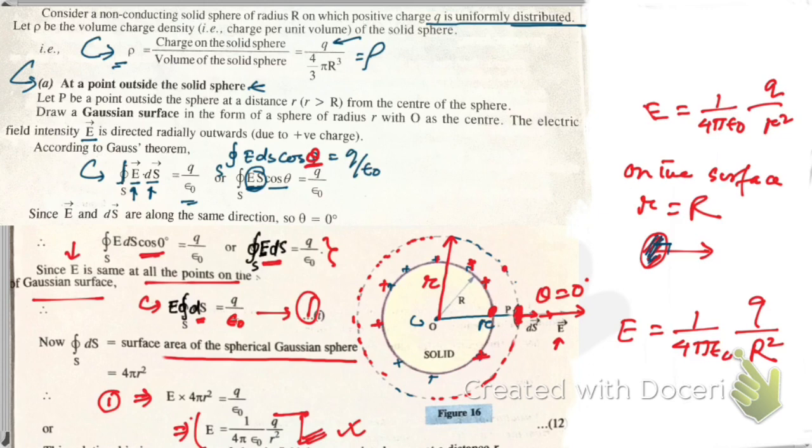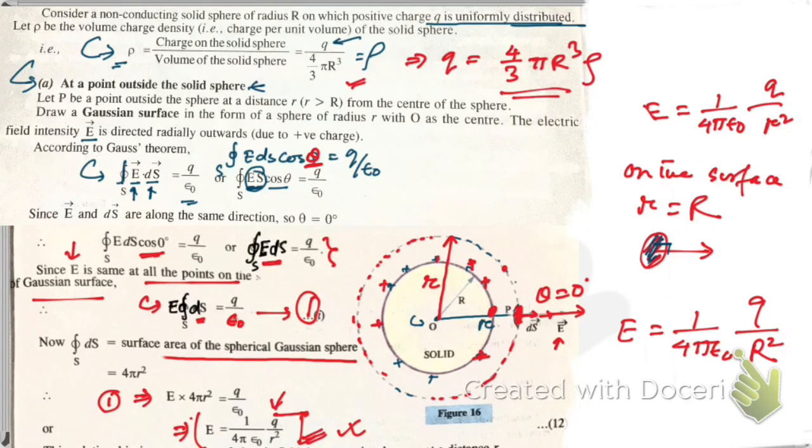Now from here we can evaluate q from this relation. q will be equal to 4 by 3 pi R cube into rho. So you can replace q by this result as well.